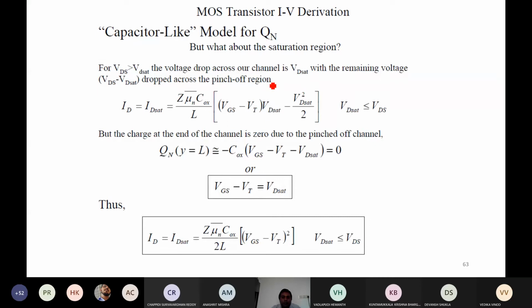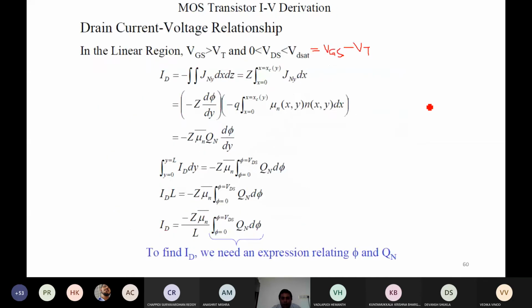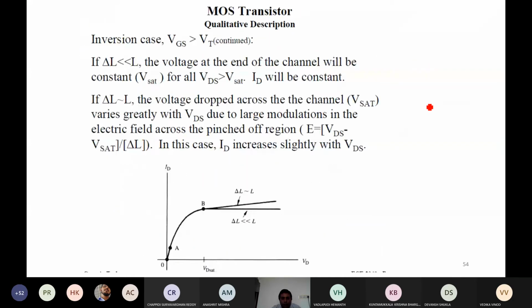This is why saturation happens, and in the saturation region the current is almost constant unless the body effect or channel length modulation happens. So VDS minus VD sat is the extra voltage, and it is not dropping in the channel, it is dropping in the pinch off region. The drawn channel is broken into two parts. I can come to the previous pictures. It is broken into two parts.